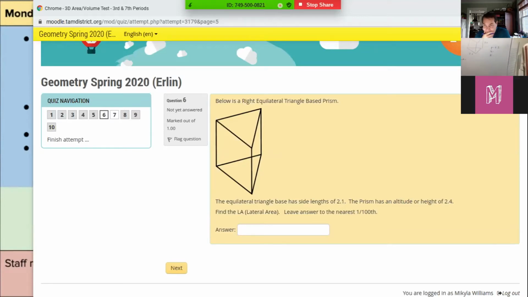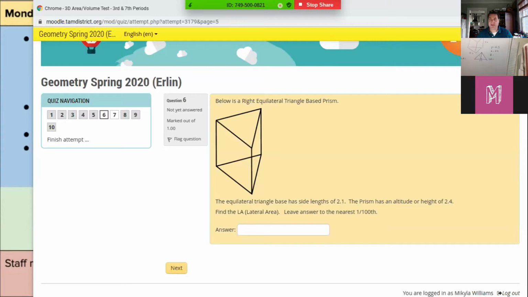What's your H? 2.4. Yep. Now, finding the B is actually kind of challenging for an equilateral triangle, isn't it? Because I'd need to find my base and my height. I know my base is 2.1, but my height is unknown. But you know what? We don't need that because we're looking for the lateral area.